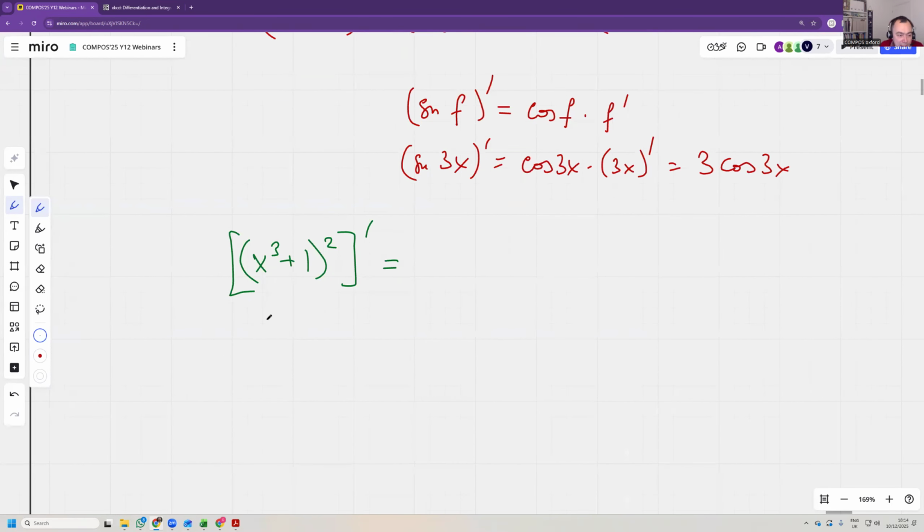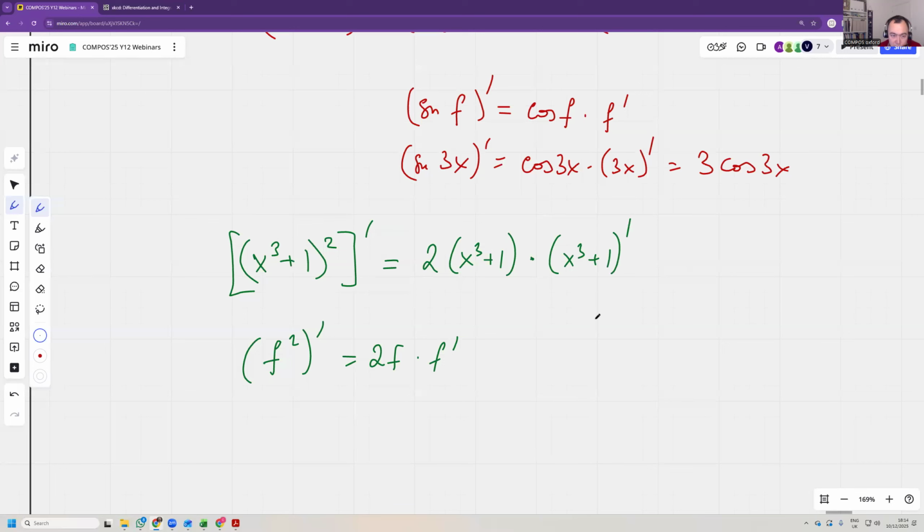I'm going to treat it as f squared, and f squared is 2f multiplied by f dash. So it's going to be 2(x cubed plus 1) multiplied by (x cubed plus 1) dash, which is 2(x cubed plus 1) multiplied by 3x squared, which is 6x squared (x cubed plus 1).